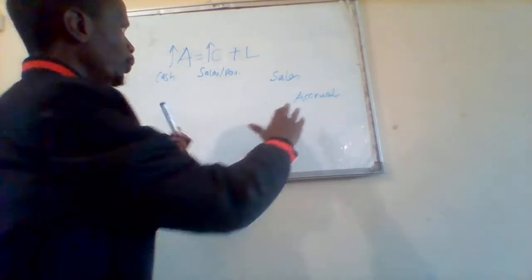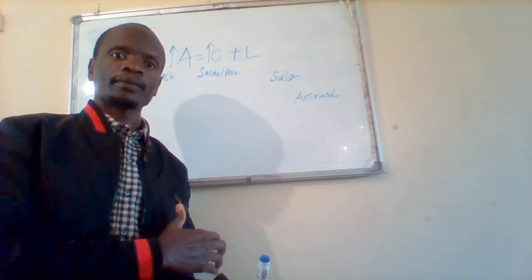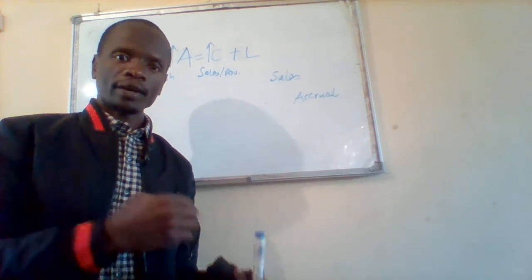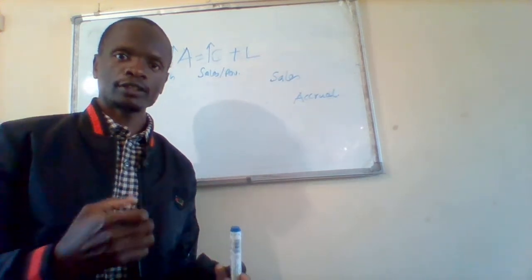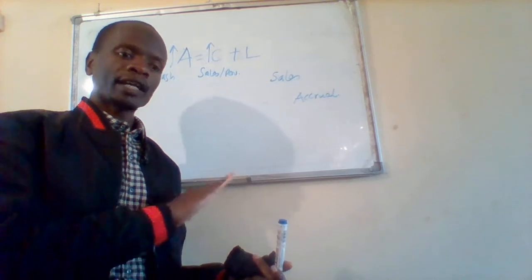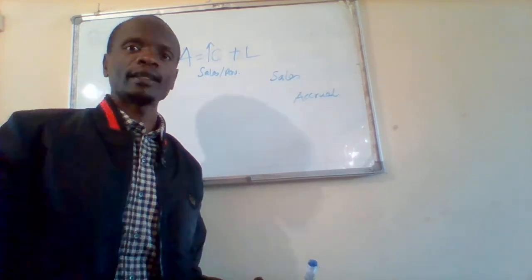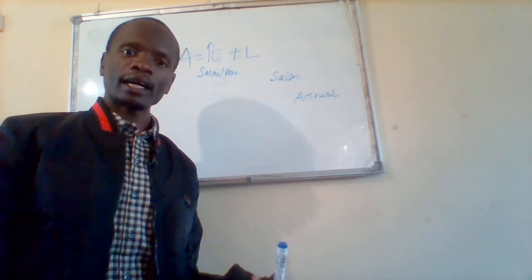So you will not wait until you receive cash to recognize this in your books. Revenues are recognized when they're earned, not when cash is received. So it becomes a transaction immediately when the transaction is done, not when the cash is received.